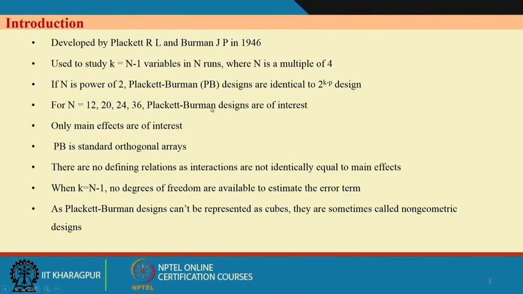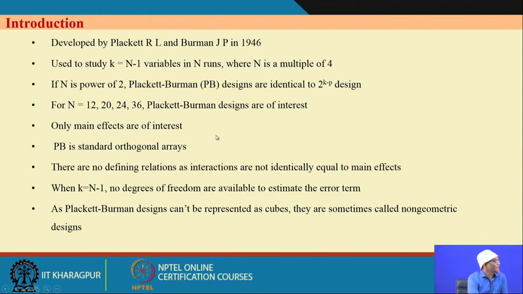So, Plackett-Burman design was developed by Plackett R.L. and Burman J.P. in 1946. This kind of design is used to study k equal to n minus 1 variables, where n is a multiple of 4.